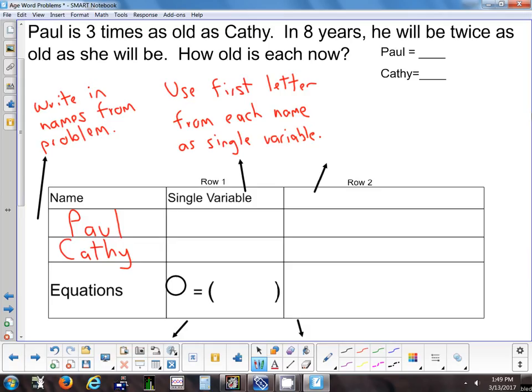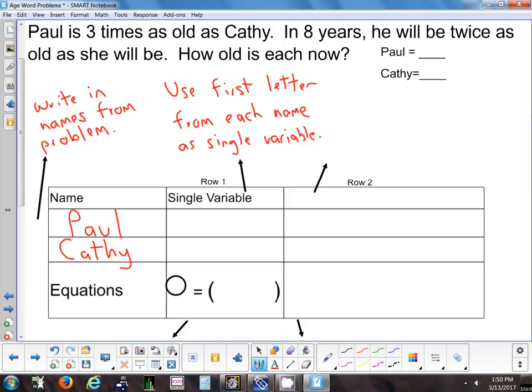Every time, whether it's Brent, Tim, John, Linda, Dan, doesn't matter, you're going to use whatever the first letter of that person's first name is as your single variable. You could also use X and Y if you want to.